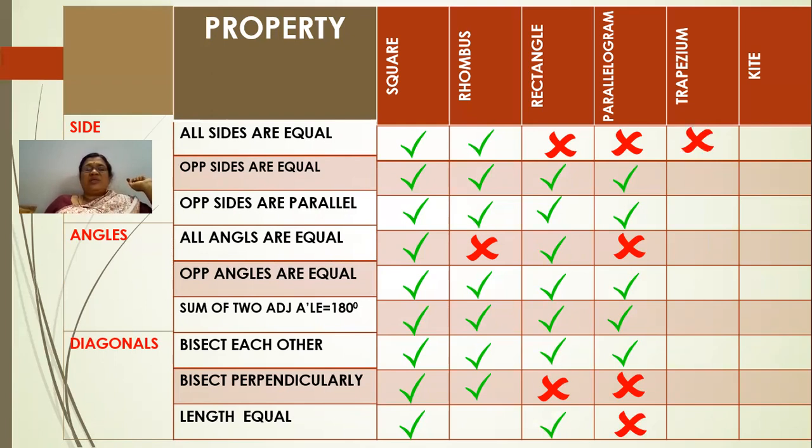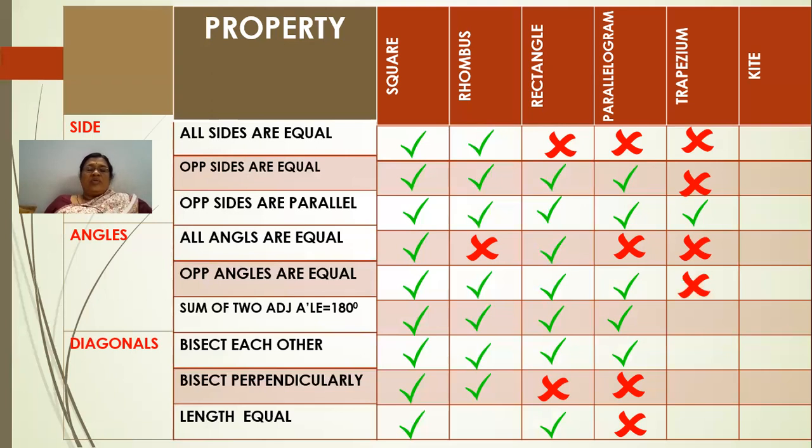Now the trapezium. In a trapezium, are all the sides equal? No, all the sides are not equal. Opposite sides are equal? No, opposite sides will not be equal. Are the opposite sides parallel? Tell me. Yes, they are parallel. Now about the angles. In a trapezium, are all angles equal with each other? No. Opposite angles are equal?